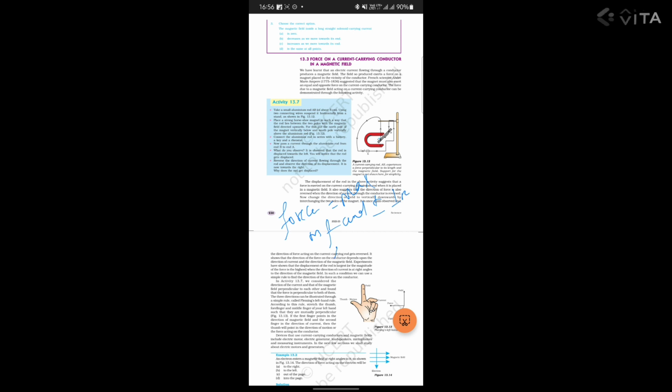And the force is 0 when the magnetic field and current are placed parallel or anti-parallel to each other. This is one important fact which you must remember, because it becomes important for your 1 mark or 2 marks questions.